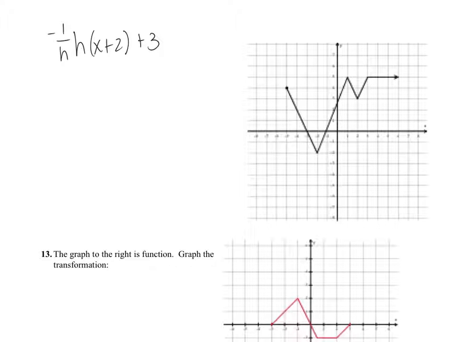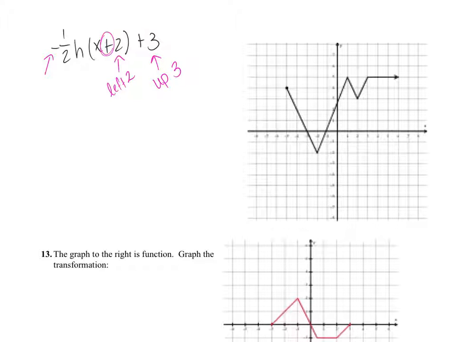I recommend breaking this down into different parts. The first thing that we can see here is that we're going to go up 3. And we're also going to change the sign of this, so it's going to be a -2. So we're going to go left 2.